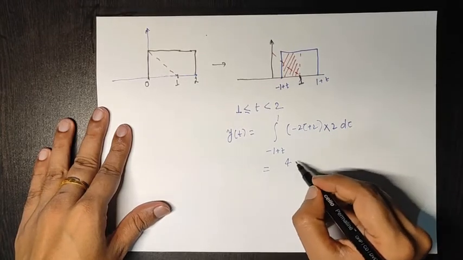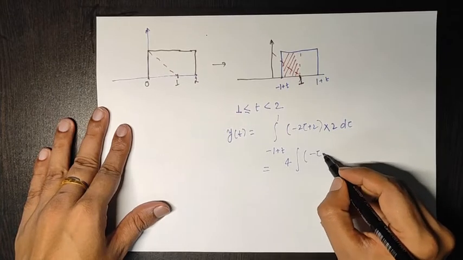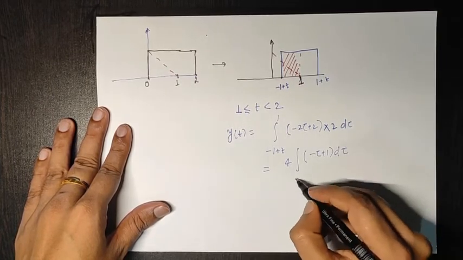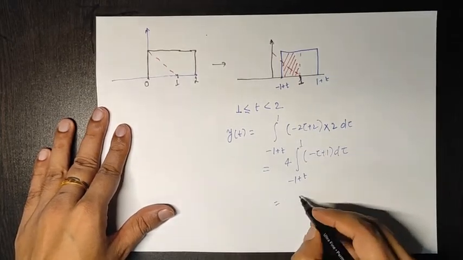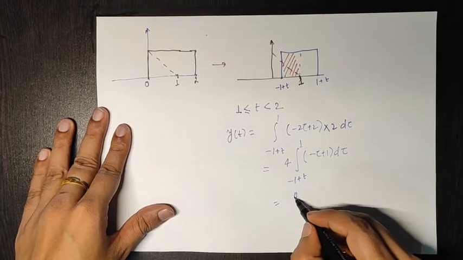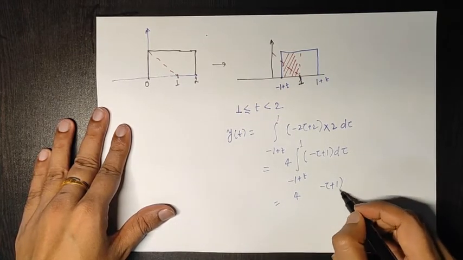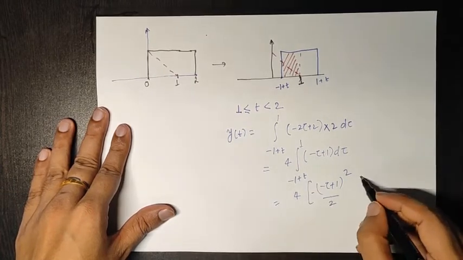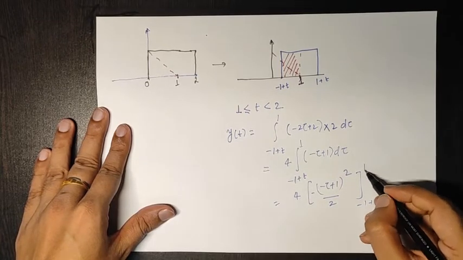It will be 4, same thing, minus tau plus 1 d tau from minus 1 plus t to 1. So on integration it will be once again minus tau plus 1 whole square by 2. The limit of integration will be minus 1 plus t to 1.